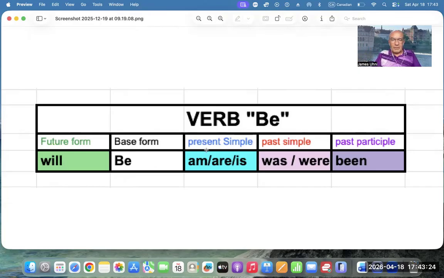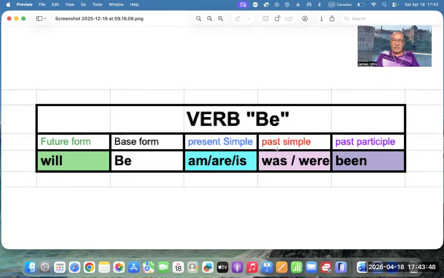Then we have present simple. I am not hungry now. I am sitting in front of the recording to explain what is past participle, which is a big part of verb be.